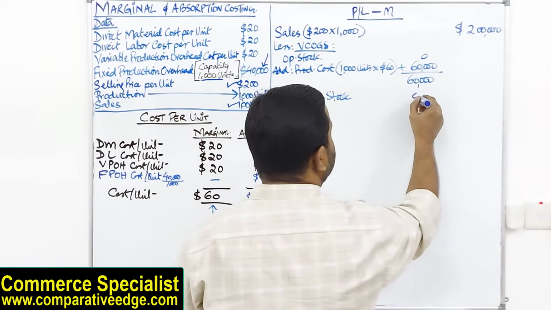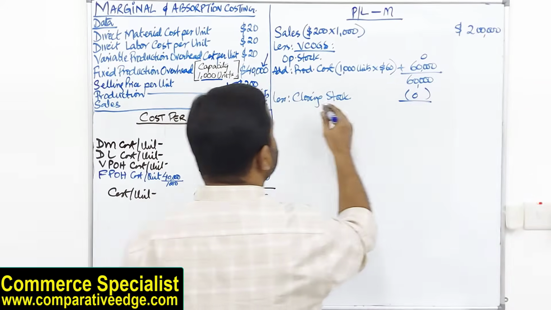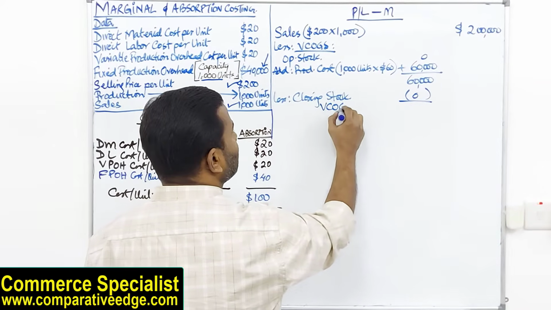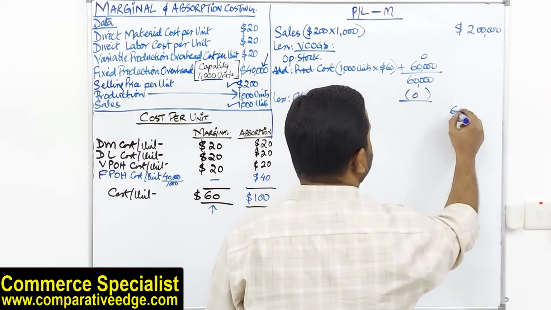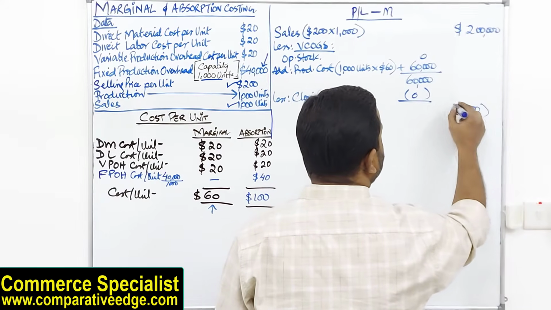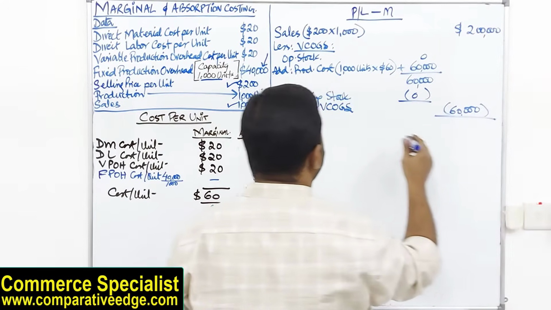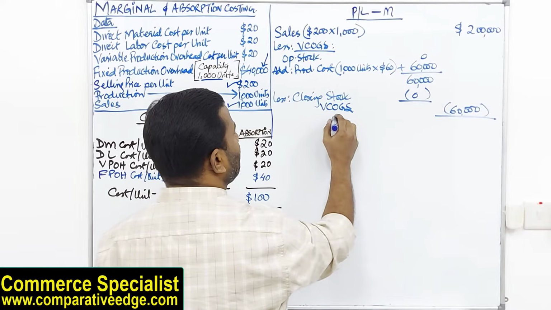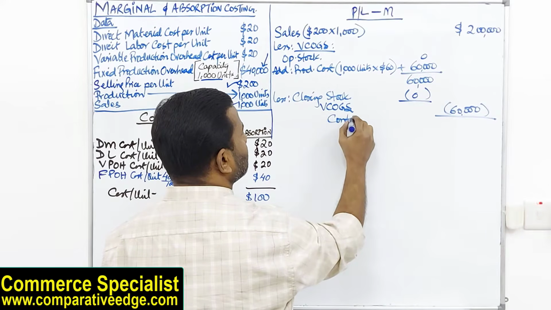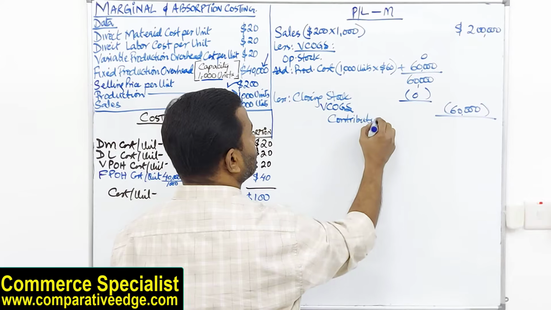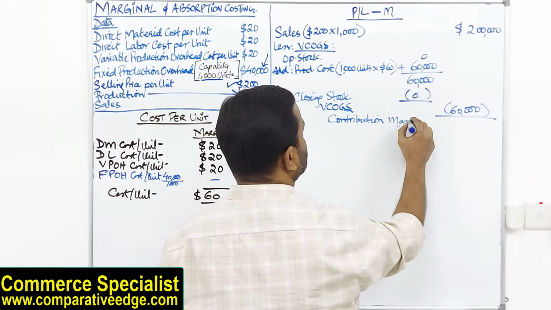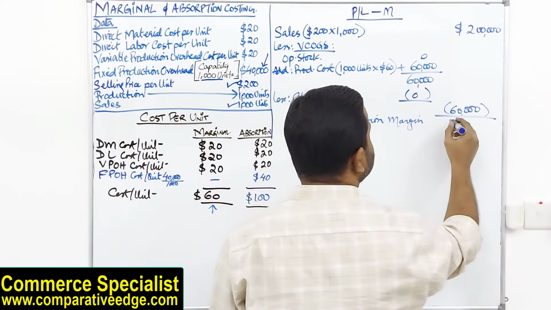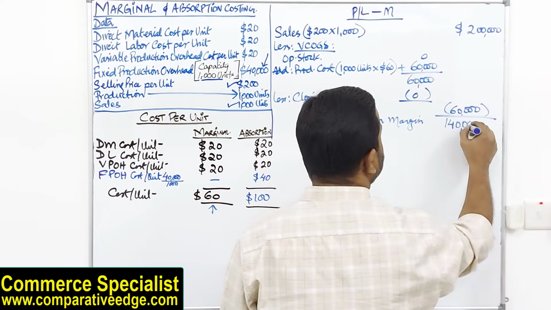Closing stock is 0. So 60,000 minus 0 will give you variable cost of goods sold, which is again 60,000. You subtract it from sales on top, and you will get contribution margin. $200,000 minus 60,000 is 140,000.